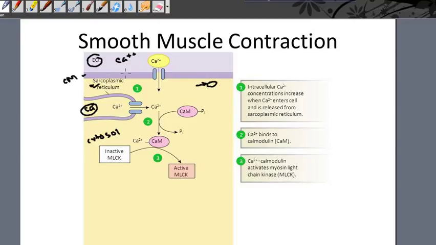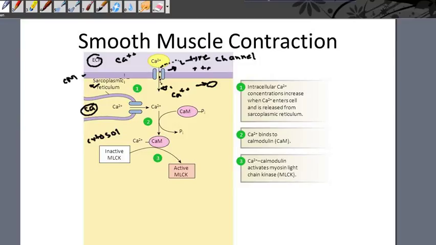But when this arteriole or smooth muscle is stimulated, first calcium enters from the ECF into the ICF, or calcium enters from the extracellular fluid inside the cell through a channel. This is very important, and this channel is called the L-type calcium channel, right? There are many types of calcium channel, but this channel is called the L-type calcium channel.